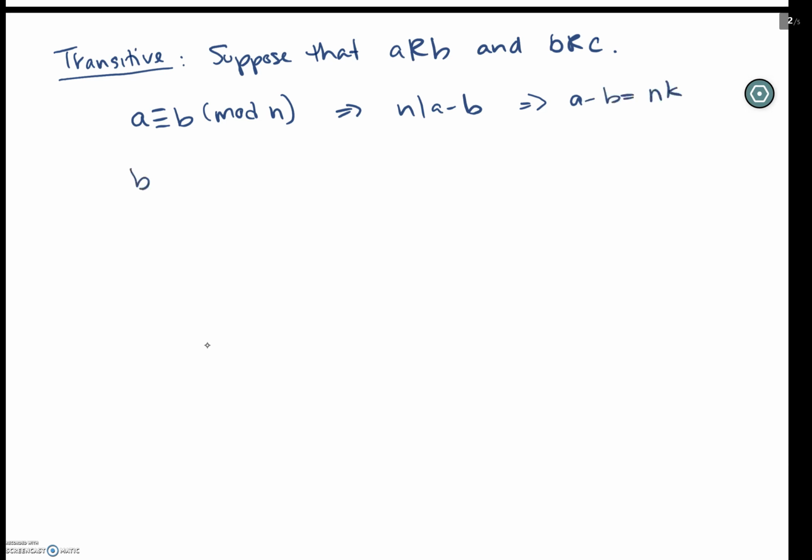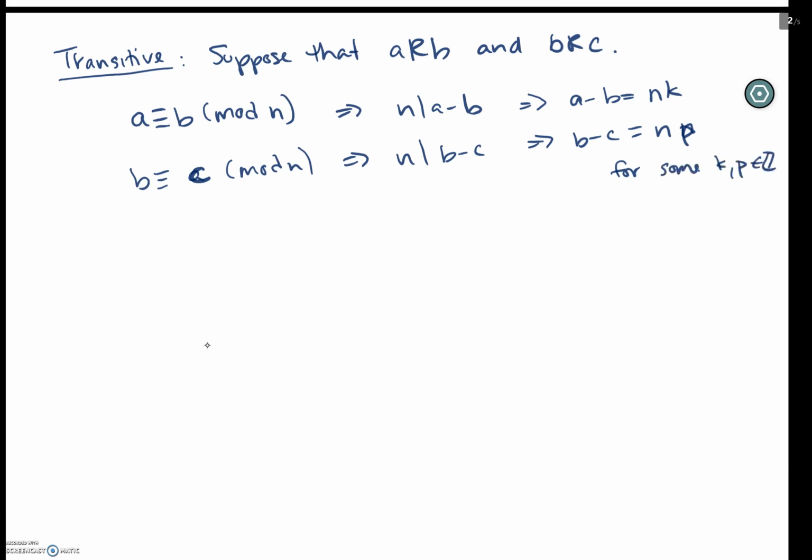Similarly, b is congruent to c mod n, which in turn tells us that n divides b minus c, which in turn tells us that b minus c is equal to np. And these, of course, are for some k and p, which are integers.